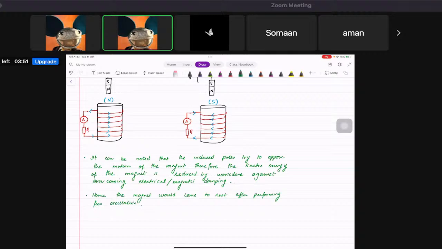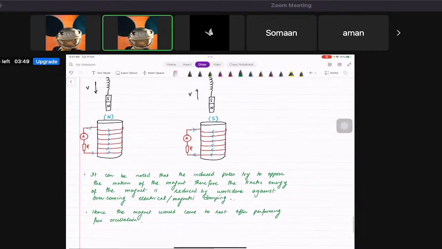Because the current is always going up, so it will try to slow it down. It's coming down, it will try to slow it down by opposing it. Understood? So basically, it's dissipating energy to overcome the work done, right? Overcome the forces due to the electrical and magnetic field that's generated here. Understood? Yes.